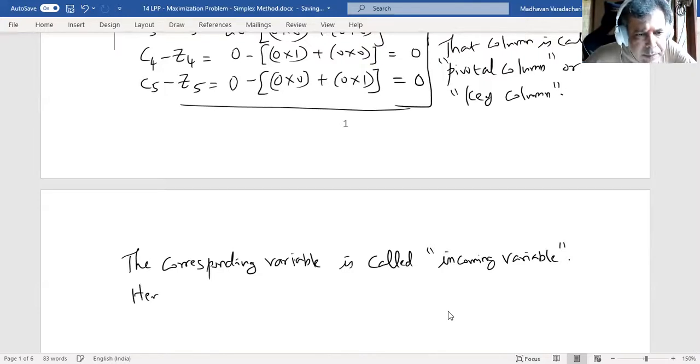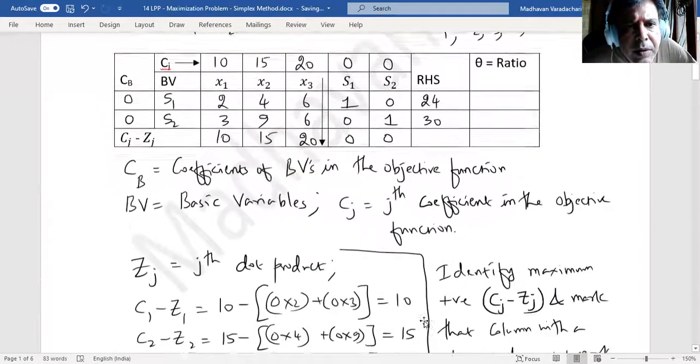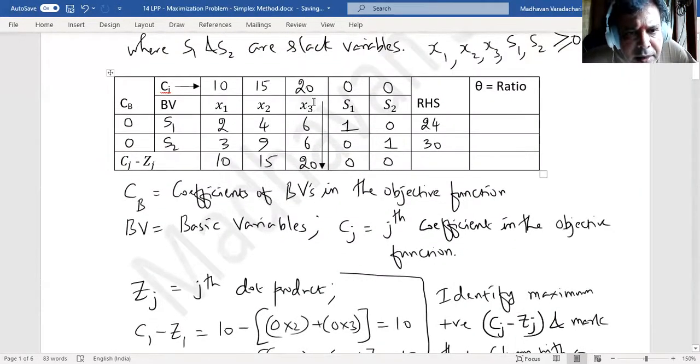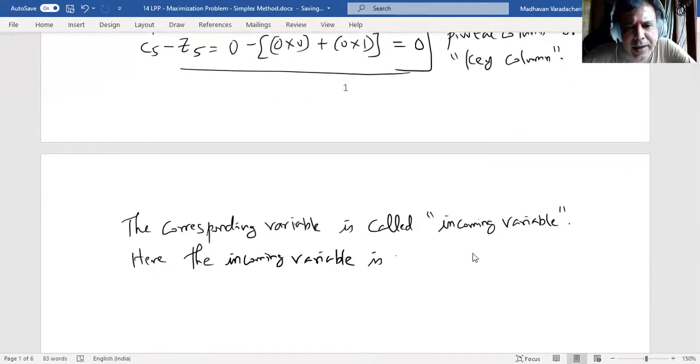Here the incoming variable is, what is that incoming variable? Arrow mark is here, variable is x3. So incoming variable is x3.